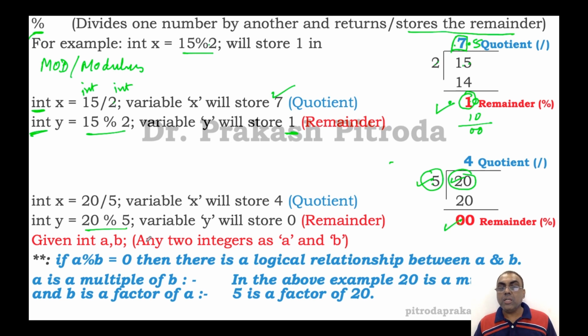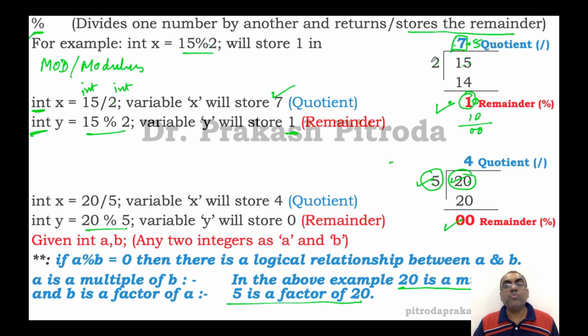And what is this logical relation? I can easily say 20 is a multiple of 5 and 5 is a factor of 20. That's a logical relation, because after the first exact division, the answer is 0. Whereas in the previous case, after the first exact division, the answer is not 0.